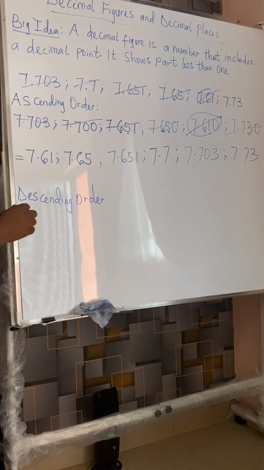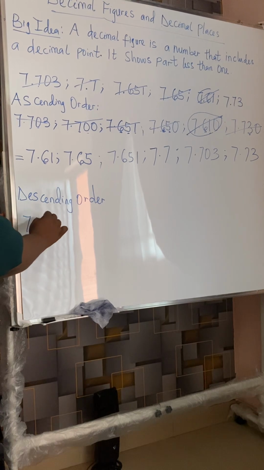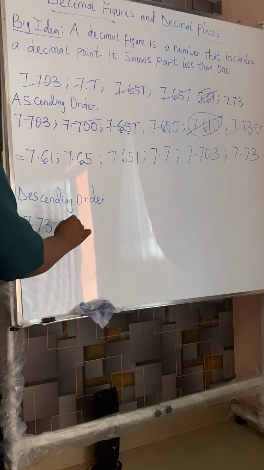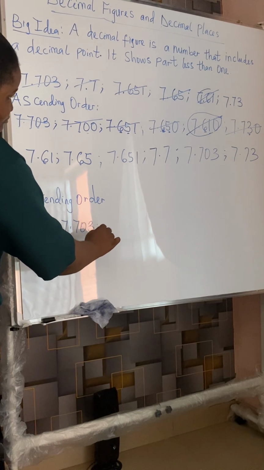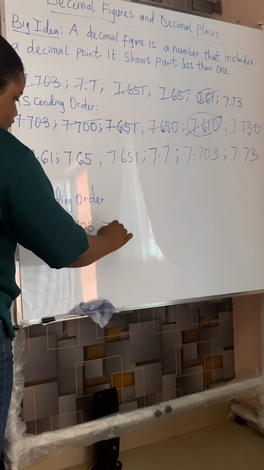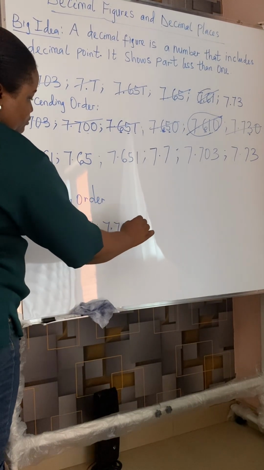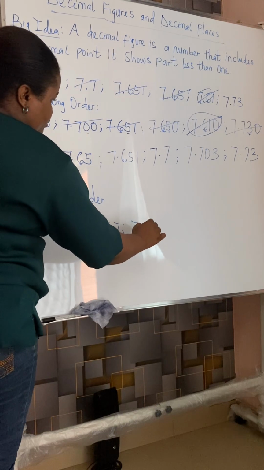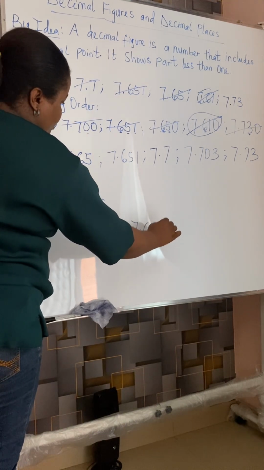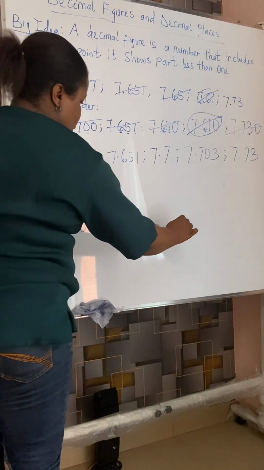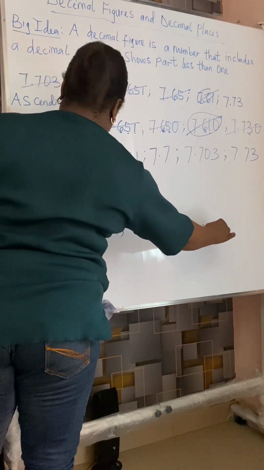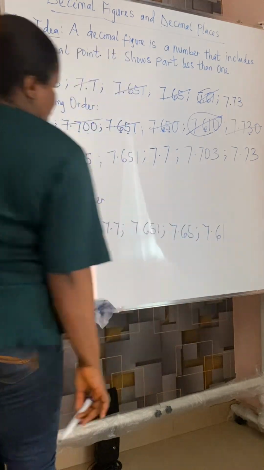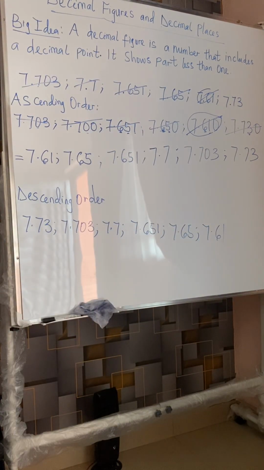And what do I do? 7.73, 7.703, 7.7, 7.651, 7.65, 7.61. This is me descending.